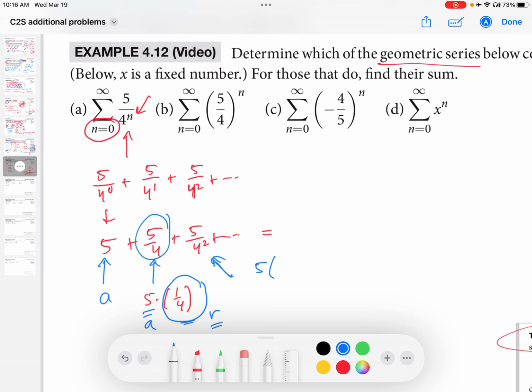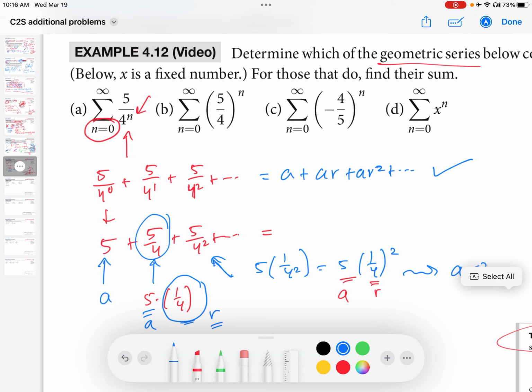This is 5 times 1 over 4 squared, which is 5 times 1/4 squared. So this is a, and this was r. So this entire term is ar squared. So I think I've got it. I think this is the series a plus ar plus ar squared. And it seems to keep going with that pattern. So indeed, geometric series. I won't review that for the rest of these, but I did want to confirm and review that before we go off and determine whether it converges and find its sum.